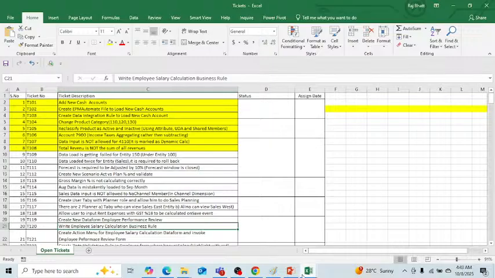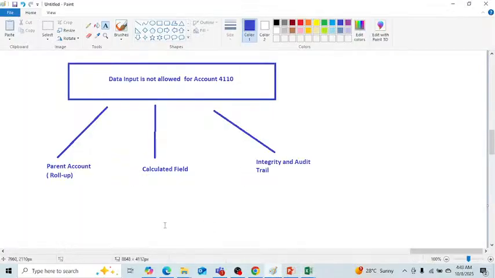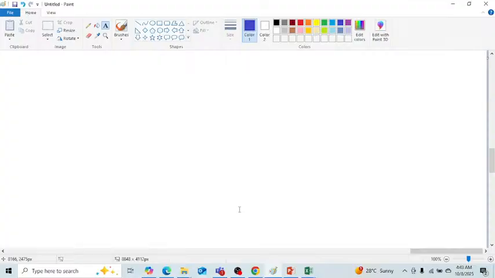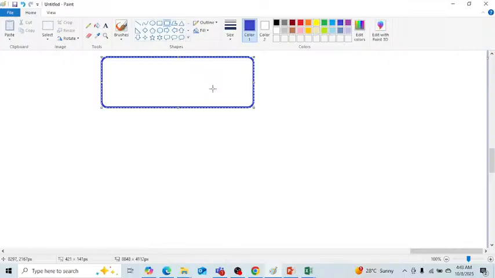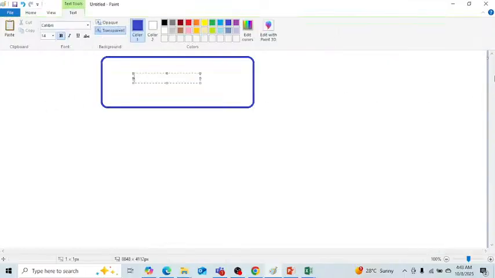So here I can draw very clearly what things you have to follow. First, you have to check the member properties.